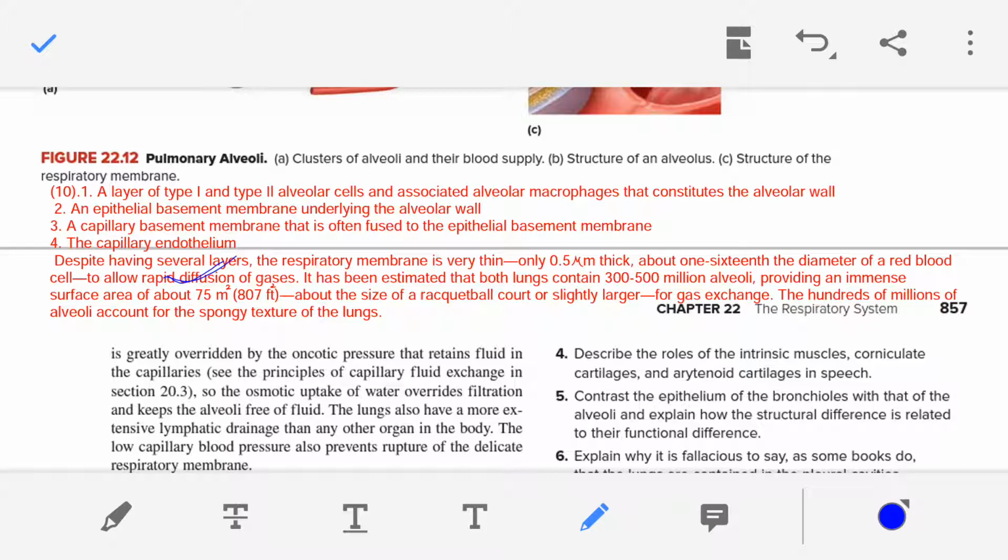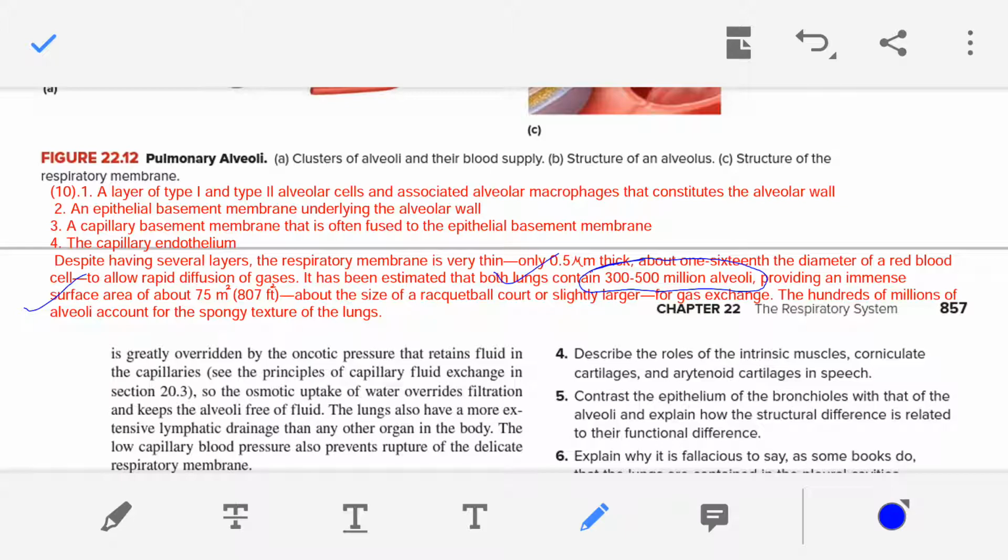Then it has been estimated that both the lungs contain 300 to 500 million alveoli, and together these alveoli have an immense surface area.